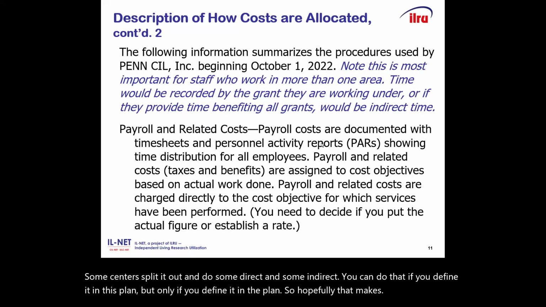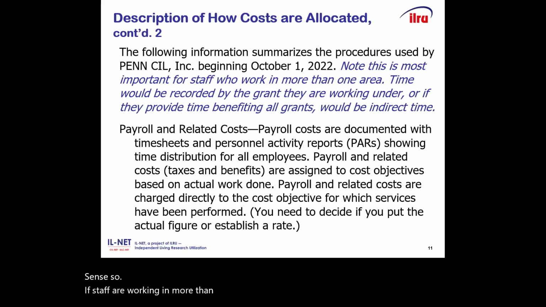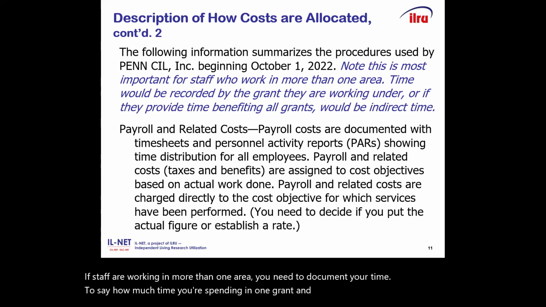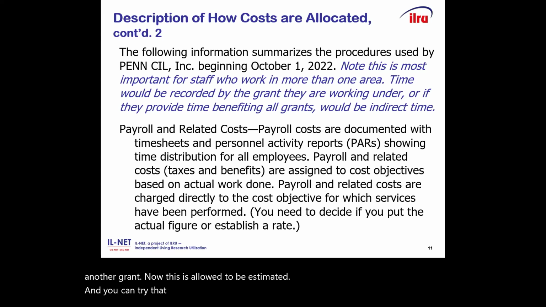If staff are working in more than one area, you need to document your time to say how much time you're spending in one grant and how much time you're spending in another grant. Now, this is allowed to be estimated, and you can try that. The regulations do allow that, and I think Maria was going to speak to that a little bit.